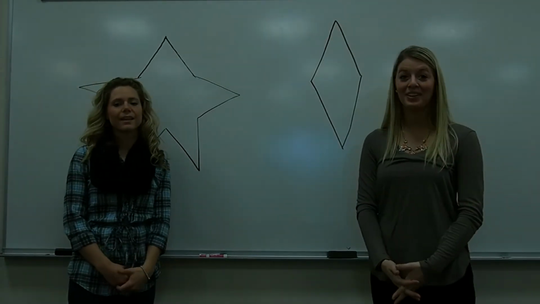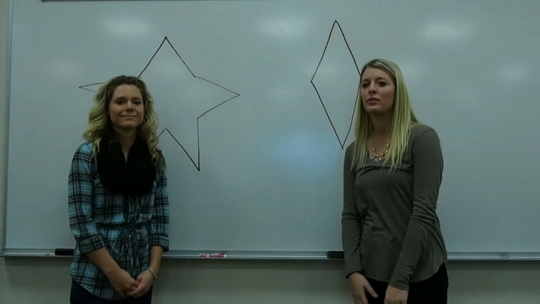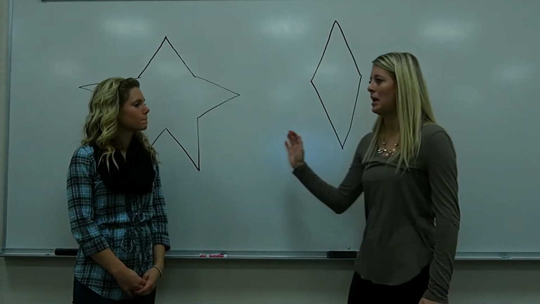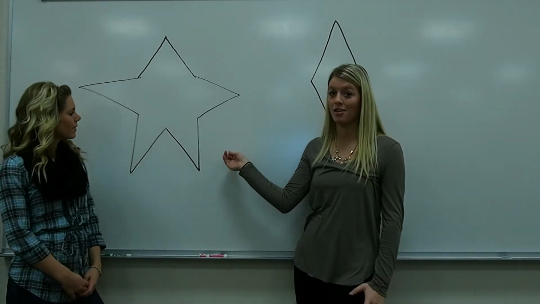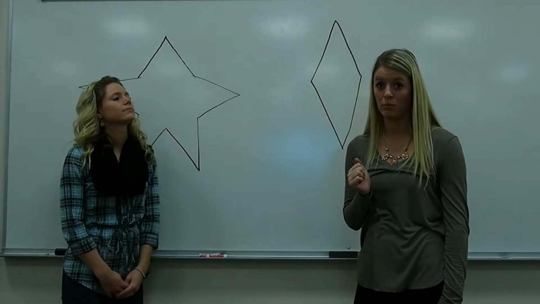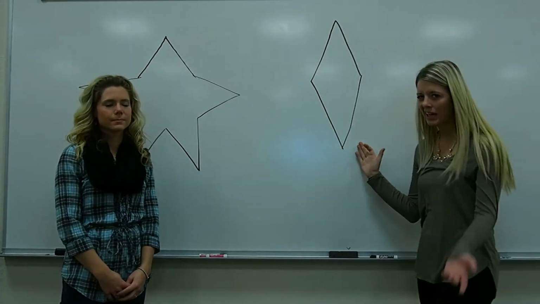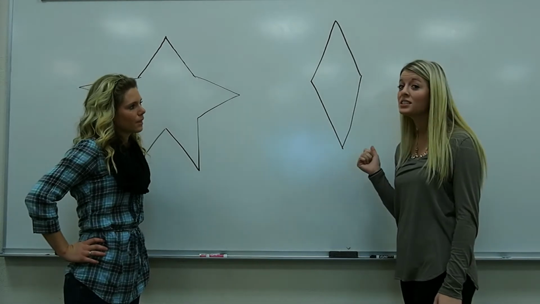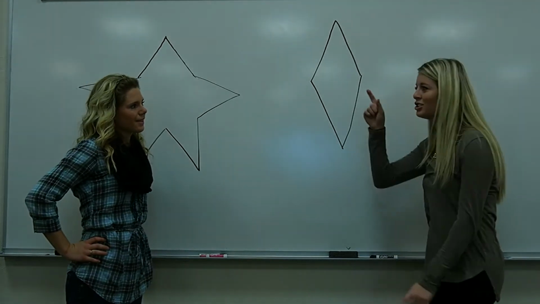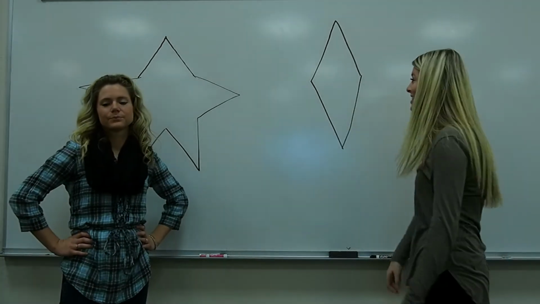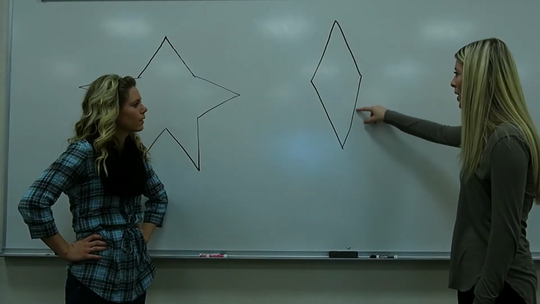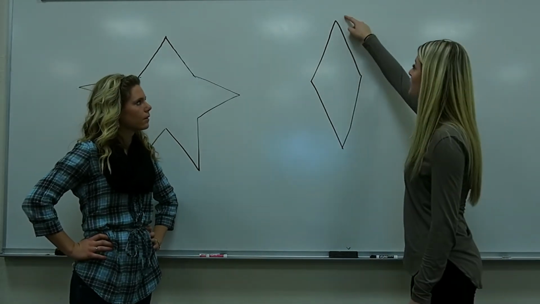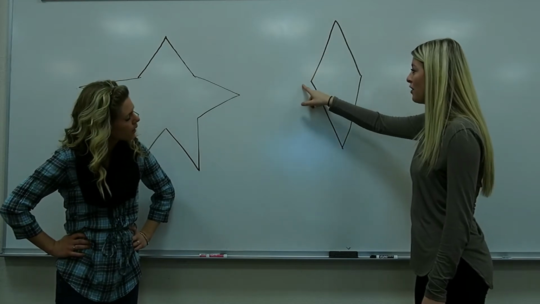All right, now we're going to look at 2 really cool shapes. We've learned a little bit about this one, and this one I'm sure you've seen a lot of, but we're going to look at the sides and vertices on both of these. So, this kind of looks like a diamond, but another word for diamond is rhombus. Yes, this shape is a rhombus right here. And the sides we'll count 1, 2, 3, and 4.